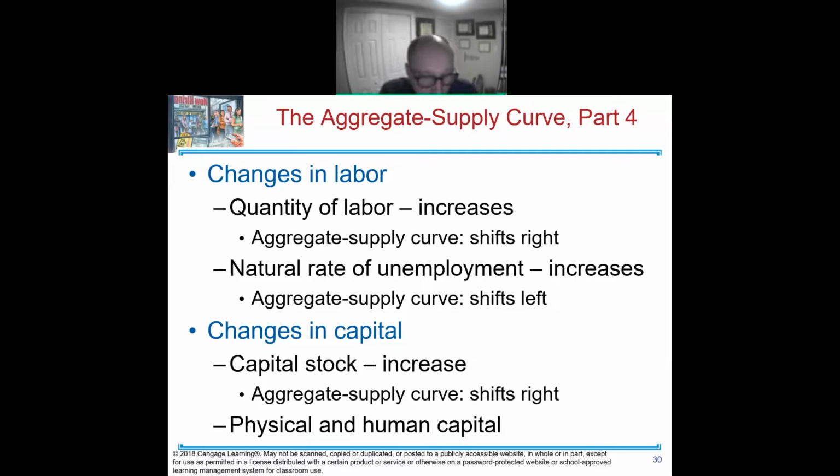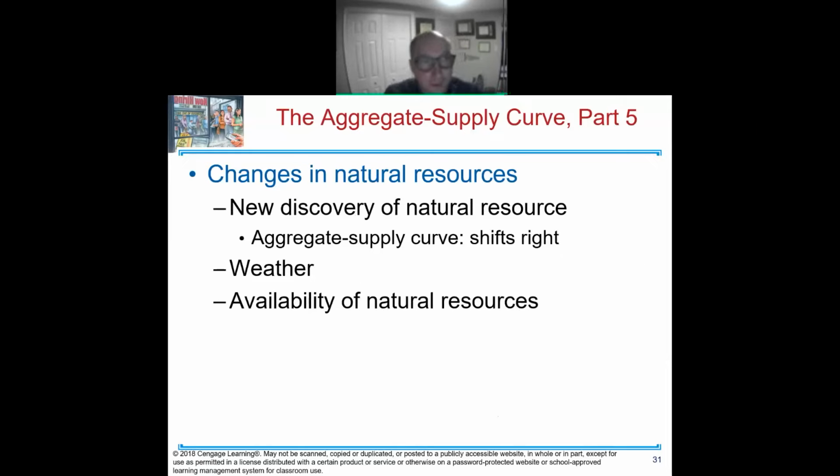When there's a change in capital, the amount of cash coming in, if it increases, we're going to see a shift in the supply curve. When there are physical and human capital changes, there will be a shift in the supply curve. When there are more natural resources available, like for example the discovery of rare earth minerals that are used in technology circuit boards that we currently have a shortage of, by the way.